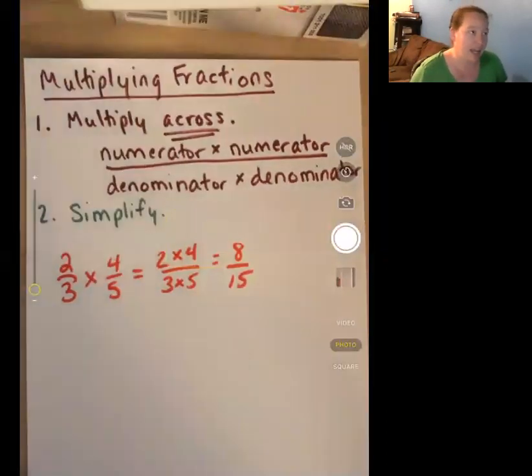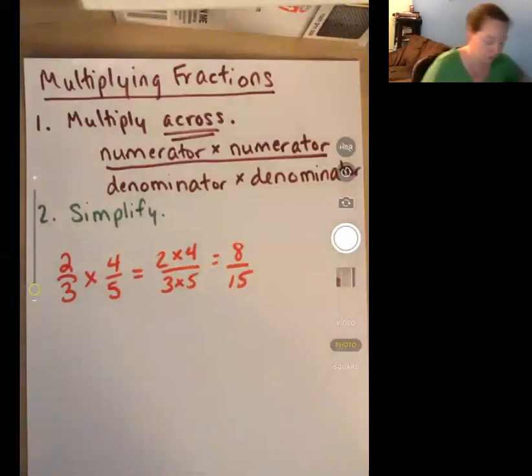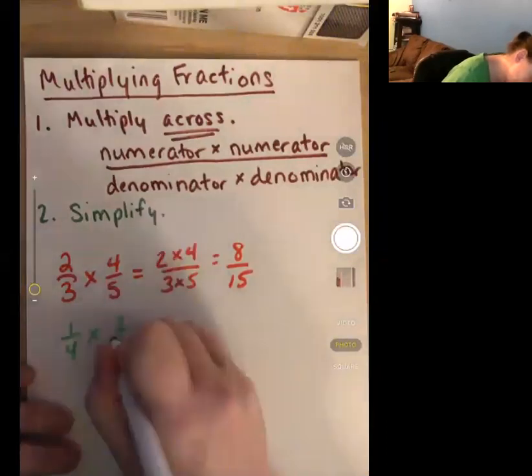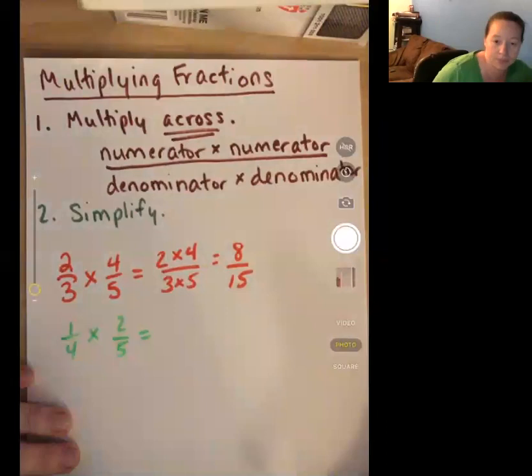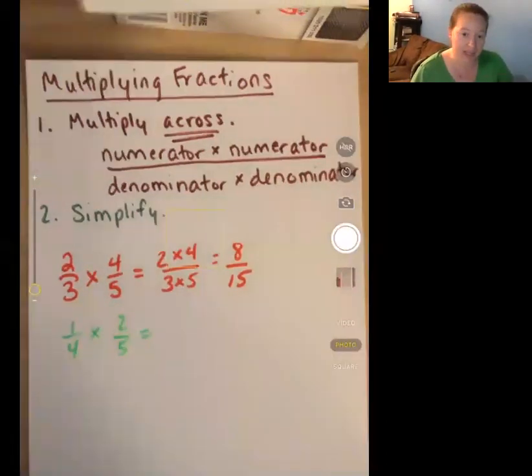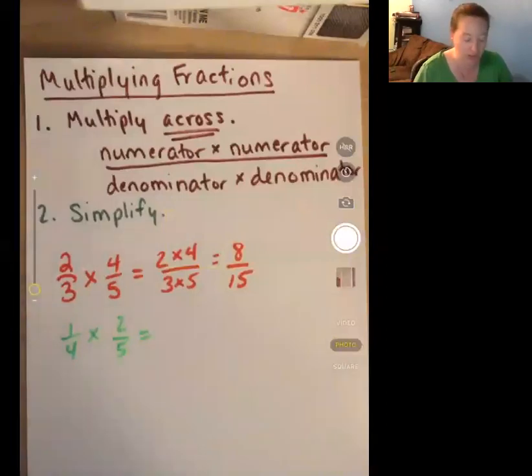If I had 1/4 times 2/5, let's go with that. I have a couple of choices. I can do the exact same thing that I did here.